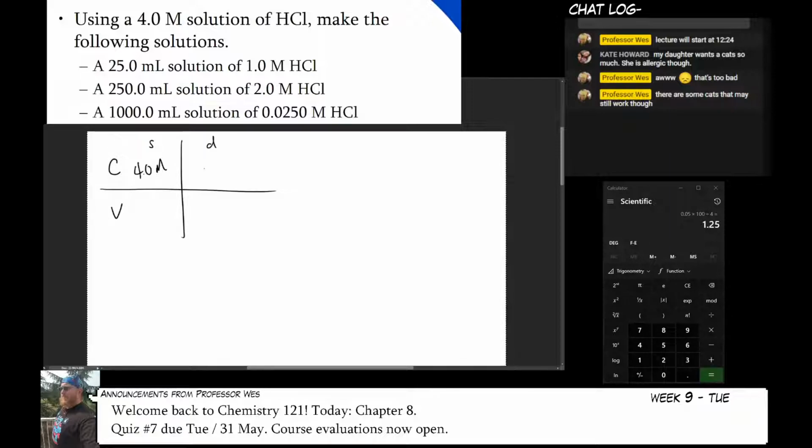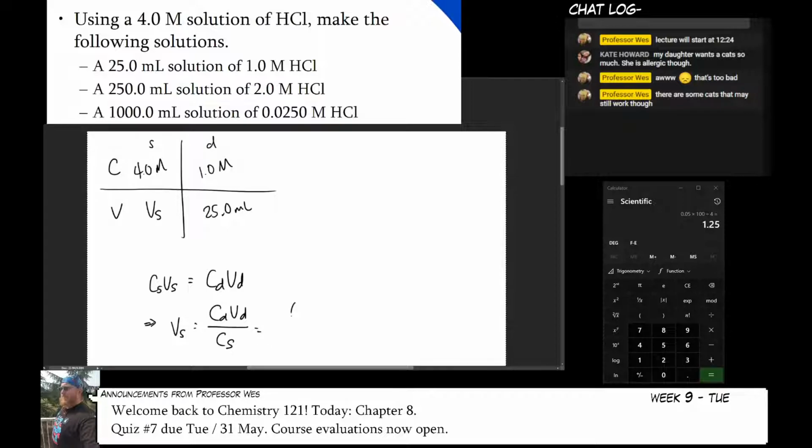Now for the first problem, I want to make 1 molar HCl, and I want 25 milliliters of it. So I'm going to solve for this, and then we'll just plug in all the numbers.